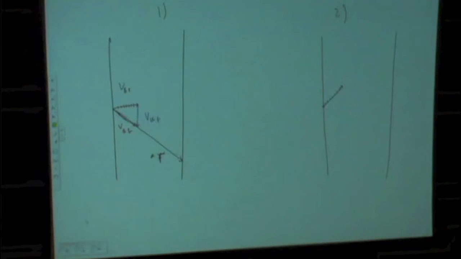So in this situation, now the blue arrow also has to be 7. And that would give you this. So you would be traveling like that.